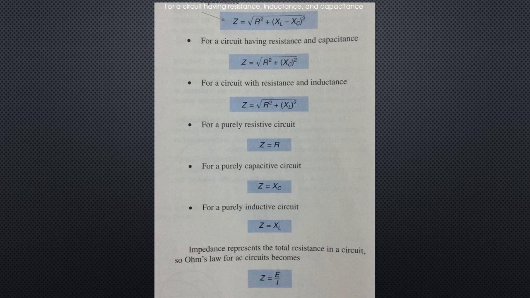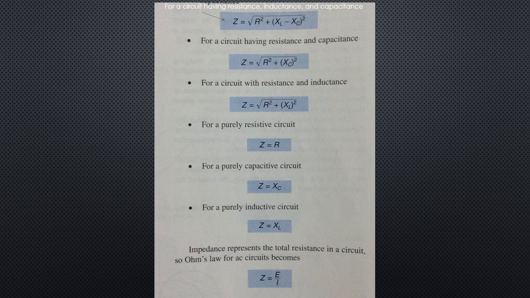For a circuit having resistance and capacitance, impedance equals the square root of resistance squared plus capacitive reactance squared.